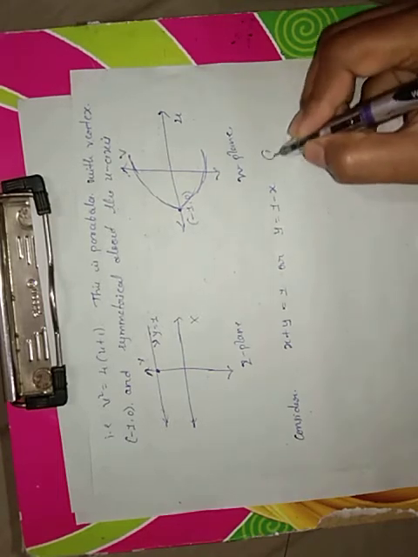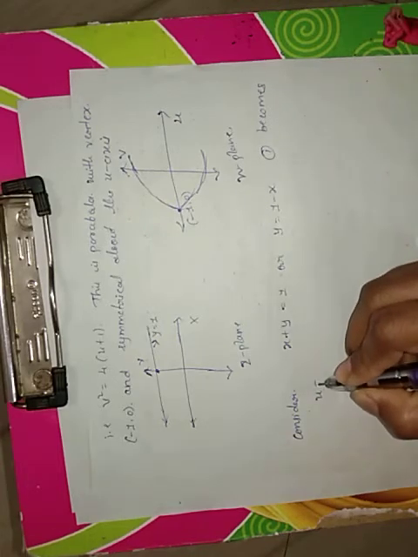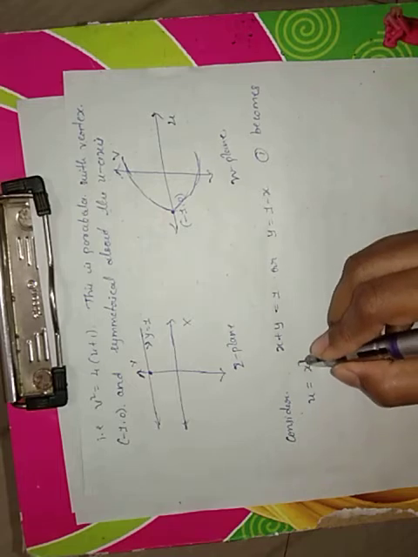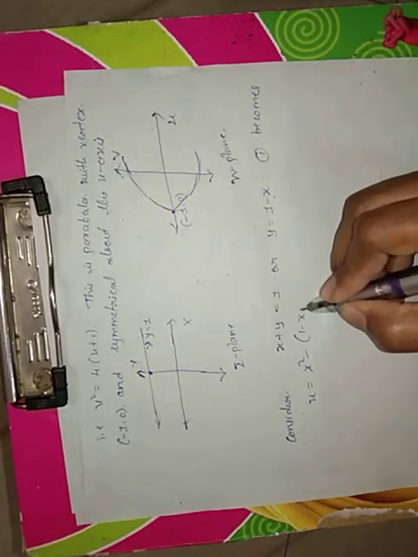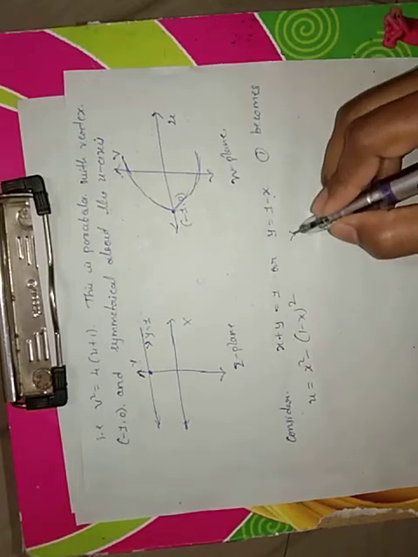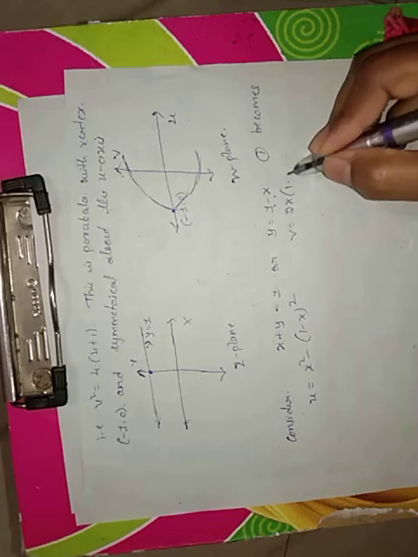Now our equation 1 becomes: we know that u is equal to x square minus y square, where y is equal to 1 minus x whole square, and v is equal to 2x into y, where y is equal to 1 minus x.